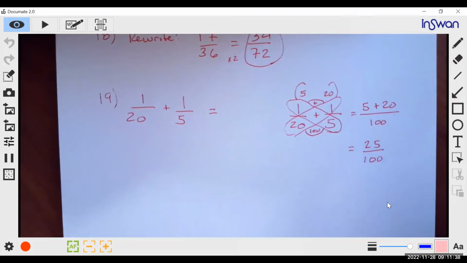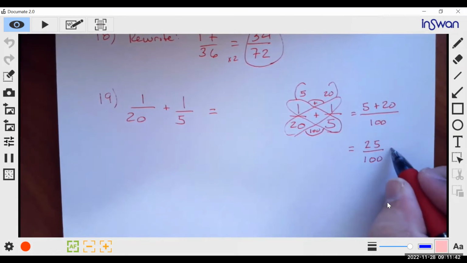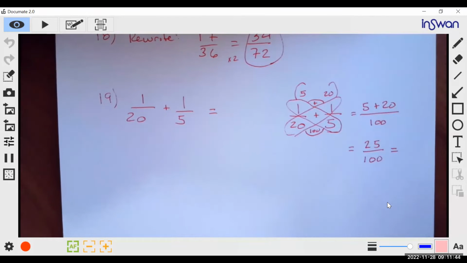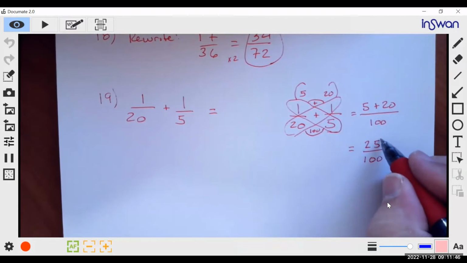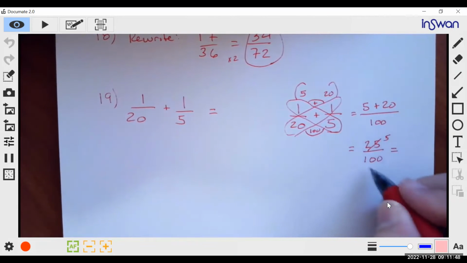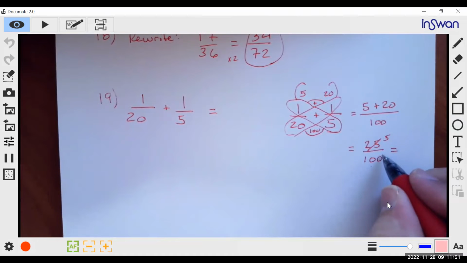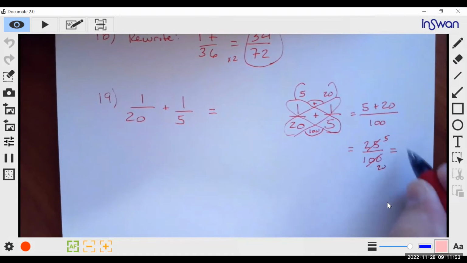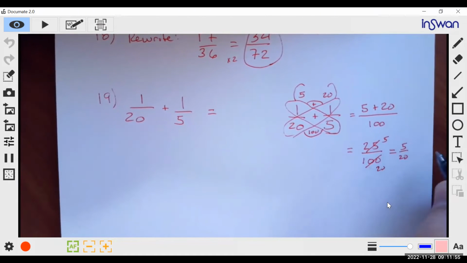But 25 over 100 can be simplified. How many times is 5 going into 25? How many times is 5 going into 100? 5 over 20. 5 goes into 5 once. 5 goes into 20 4 times.